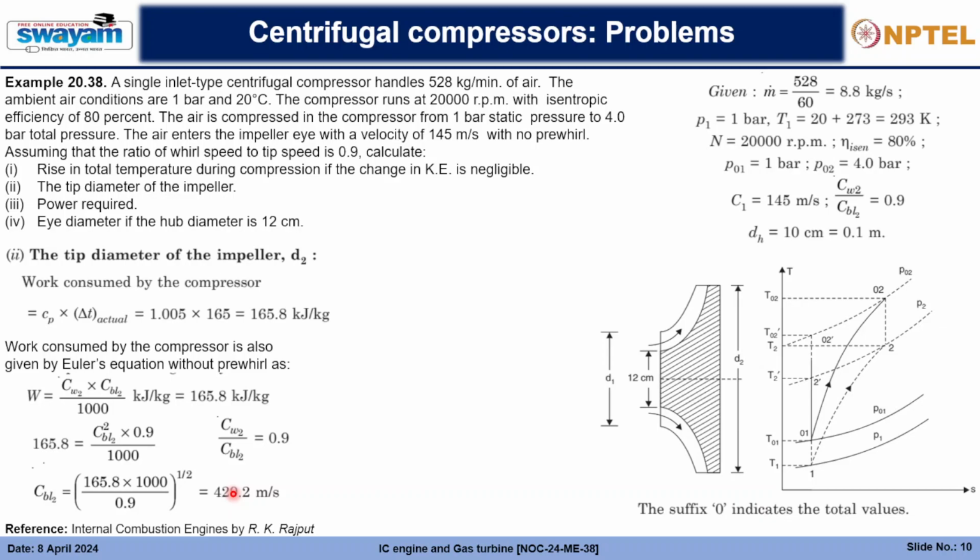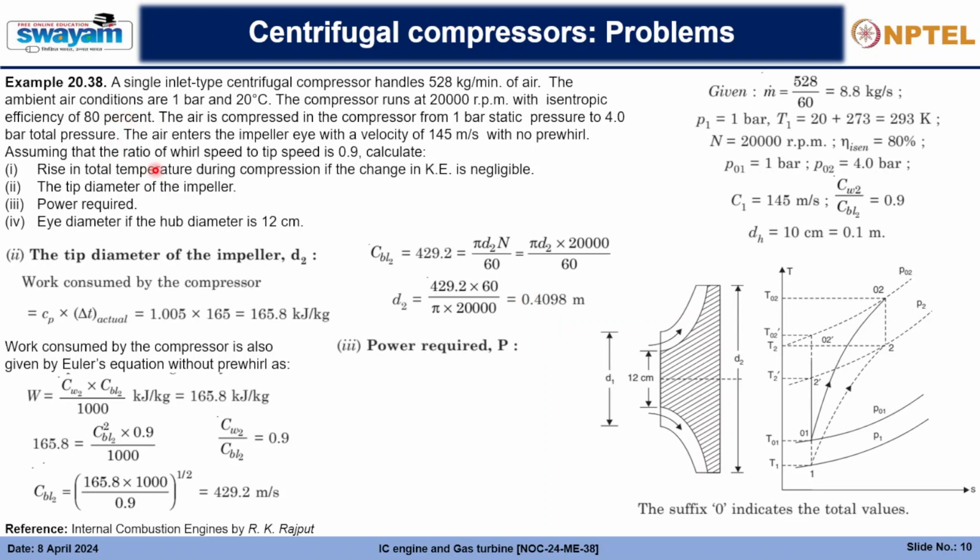We know the blade velocity is equal to the radius of the tip into the angular velocity, and for that we have this formula, and we know the RPM, that is 20,000 RPM. We'll put the values and we'll find the tip diameter of the impeller to be 0.4098 meter.